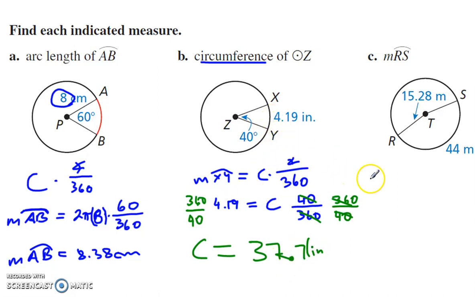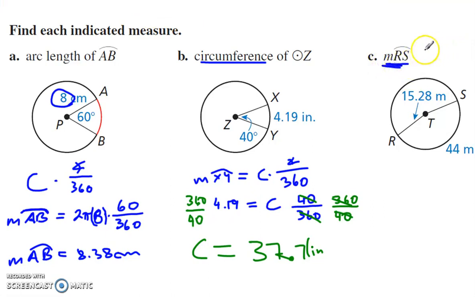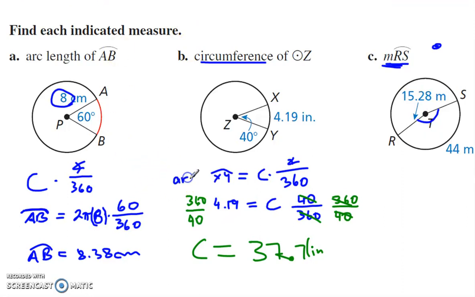That's the full circumference. Here we want the measure of the arc MRS. Oh dear, goodness. Measure refers to the degrees, right? That's this right here. Sorry, we have to go back here and erase this. My bad. That is the arc length.